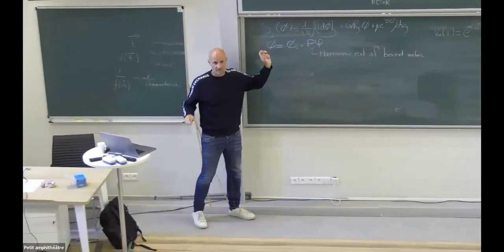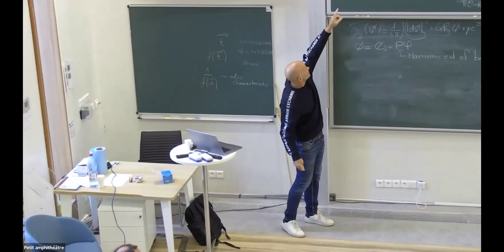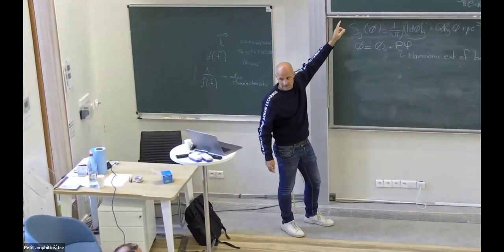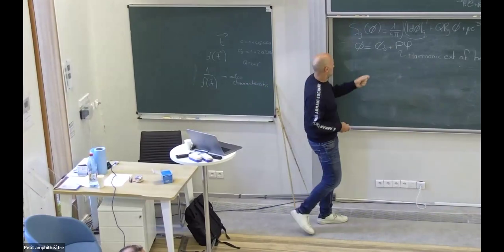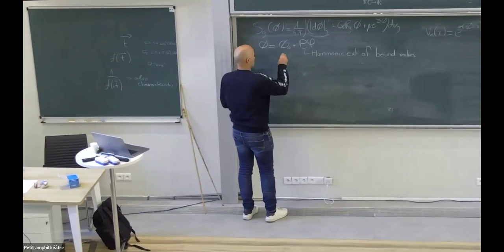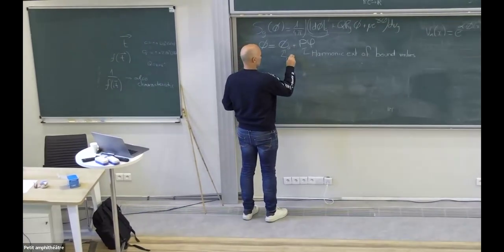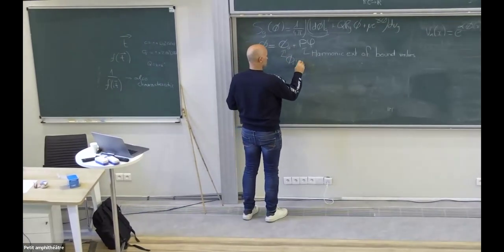So this guy here is well defined. I give you on the surface, I give you the boundary data. You can always compute the harmonic extension of this. This map here is a map that vanishes on the boundary.